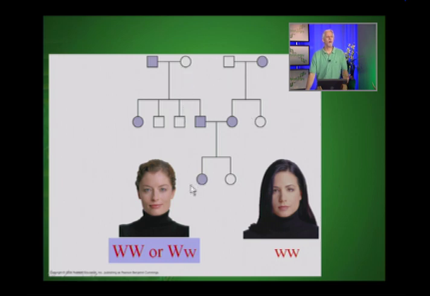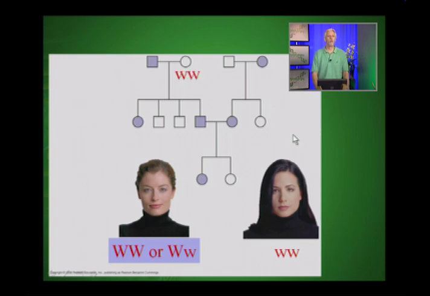So if we were trying to figure out all the possible genotypes we can, which phenotype tells us the genotype? Hopefully you're catching on that if you show a recessive phenotype, you have to be homozygous recessive. So we always want to start with what we know. And what we know here is the genotypes of all the individuals that lack a widow's peak. They have to be homozygous recessive.